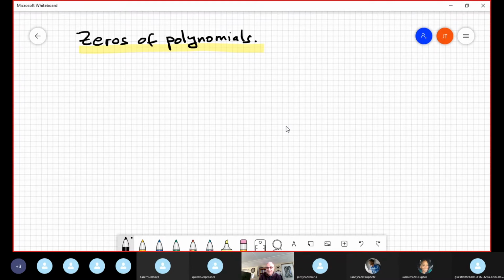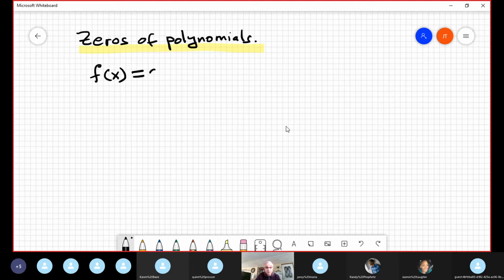Okay. In the last class, we started discussing polynomial functions. And one important thing inside polynomial functions is to determine the zeros. Suppose this is a polynomial function f of x.